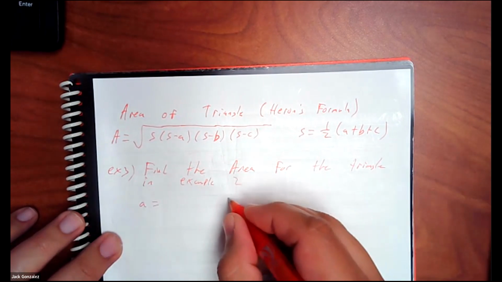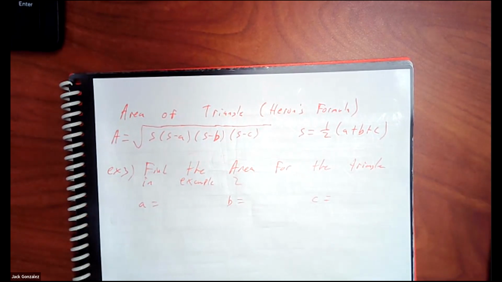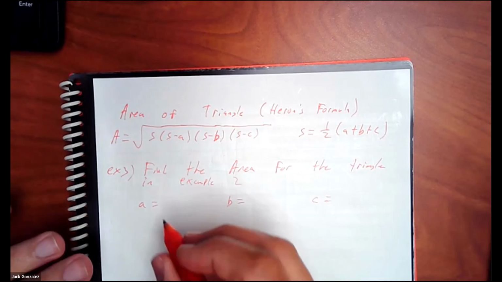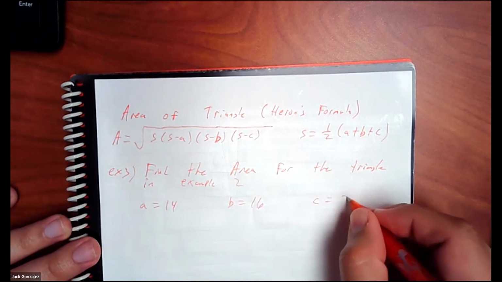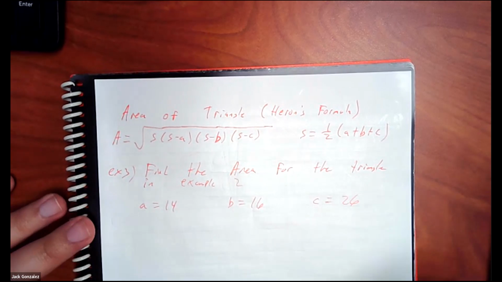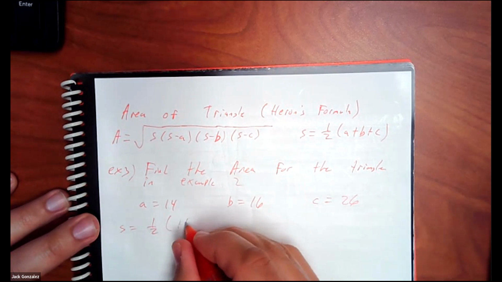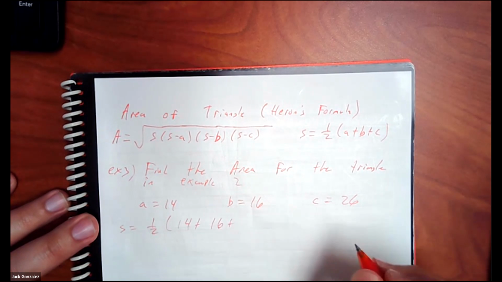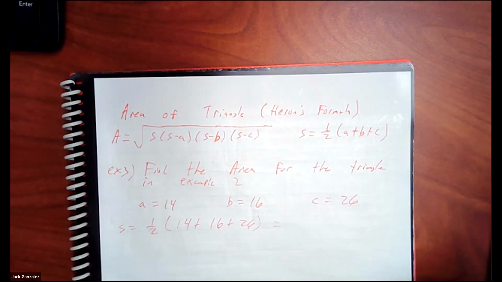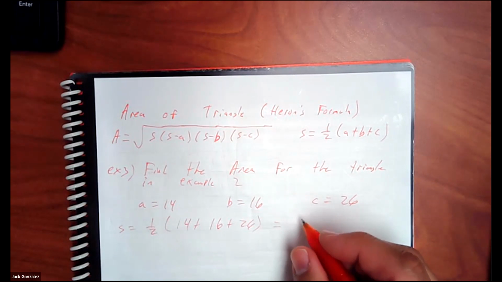What were the sides for example 2? 14, 16, 26. Okay. So since we have all the sides, we can find S. So what is 1/2 times the sum of all these sides? What is that? 56, right? Divided by 2.